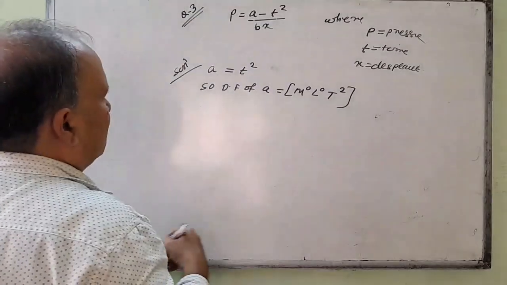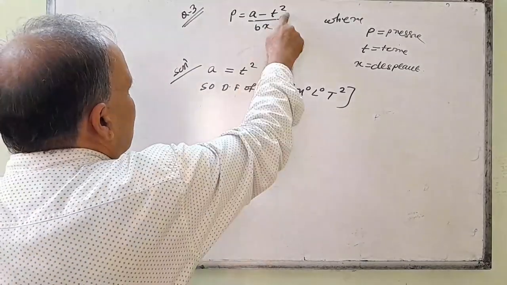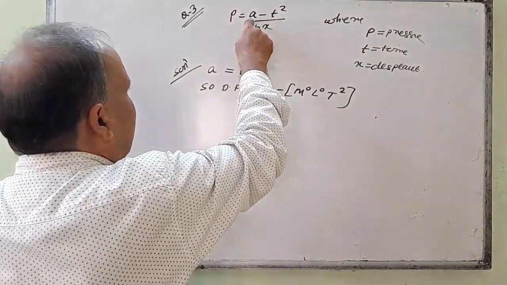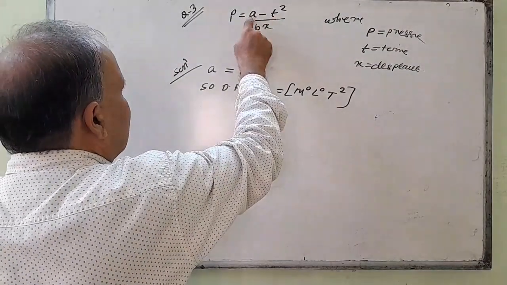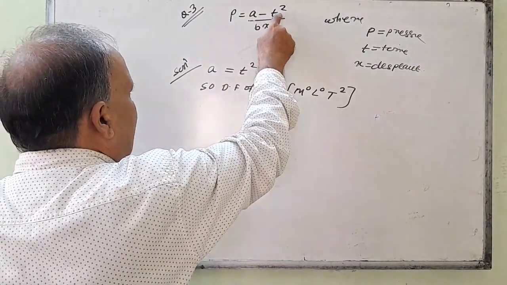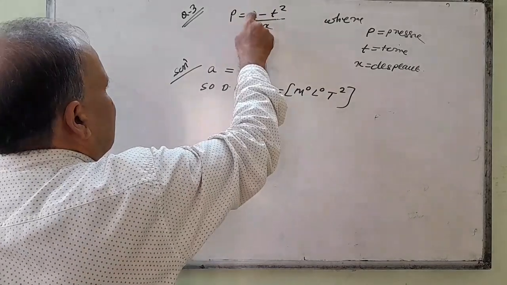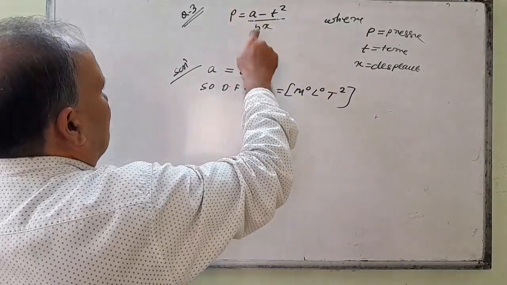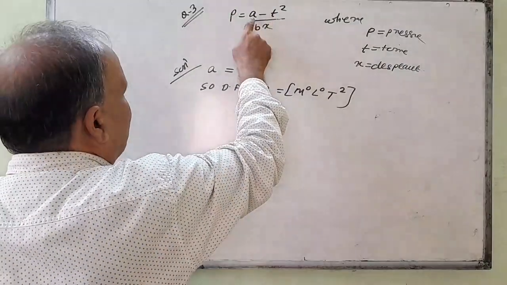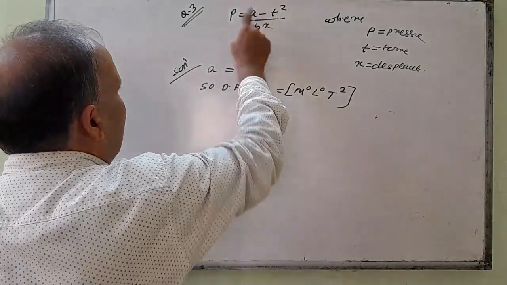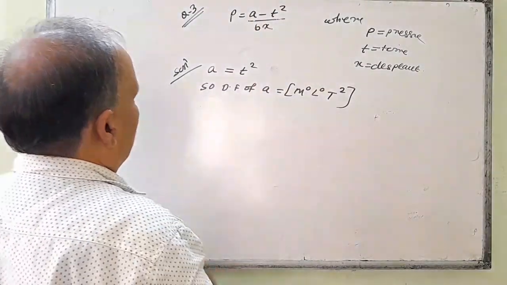You remember? Here T square is subtracted from A. Since T square is subtracted from A, that means time square. So we can say A must be time square. Otherwise, we cannot subtract T square from A. So this is the dimensional formula.